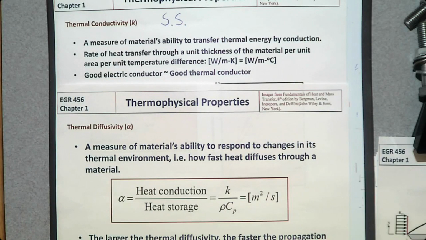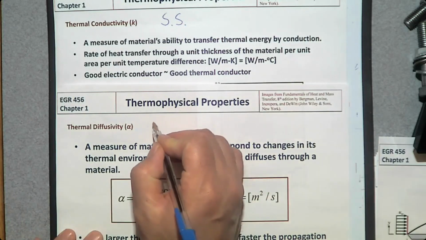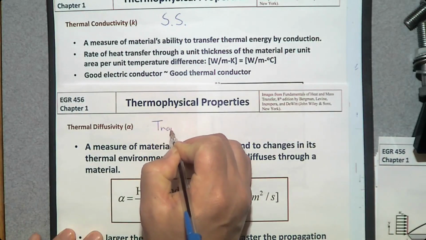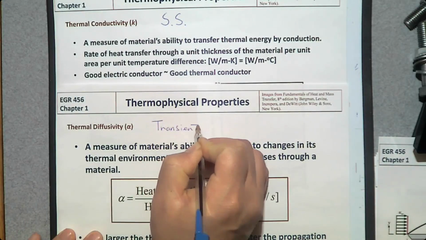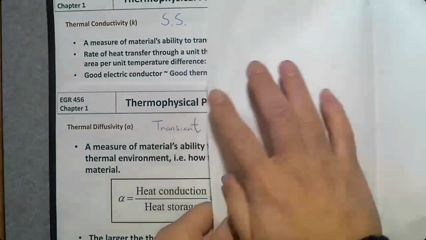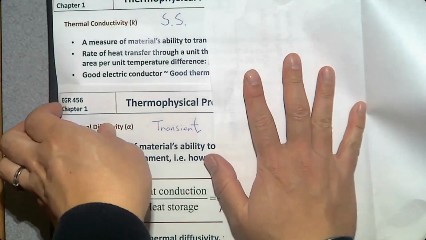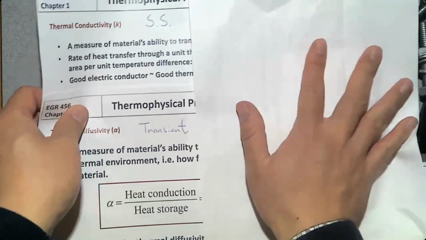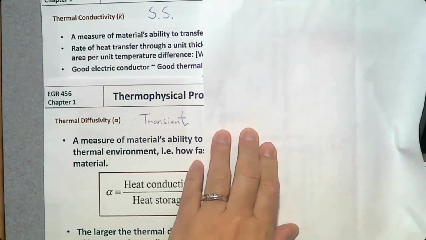On the other hand, we use thermal diffusivity in transient heat transfer problems. So let's talk about an example of a steady state heat transfer problem.